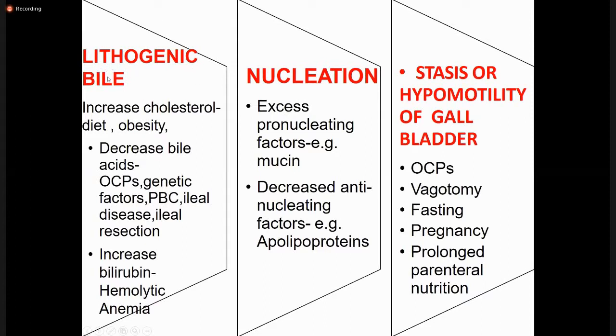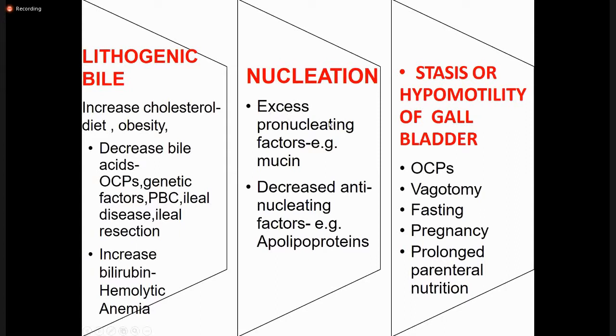So it may be a lithogenic bile, which is seen in increased cholesterol diet or obesity, because there is a decrease in bile acids, as seen in OCPs and genetic factors, primary biliary cirrhosis, ileal disease or ileal resections, and increased bilirubin as seen in hemolytic anemias.